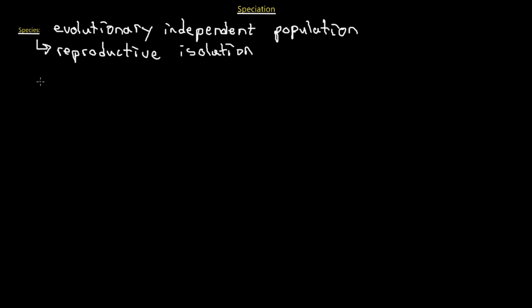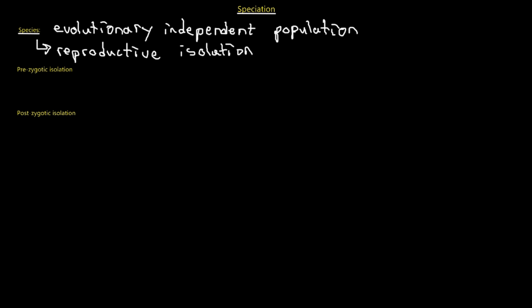It's basically a population that is reproductively isolated, meaning that there's no other population that can come in and breed with this specific population and produce viable offspring. Because if that were to occur, then they're part of the same species. But if it does not occur and that specific population is isolated from all other populations, then it is its own species.